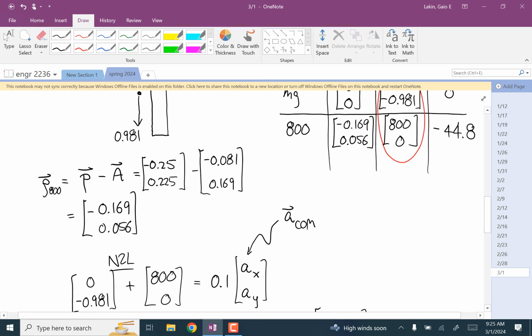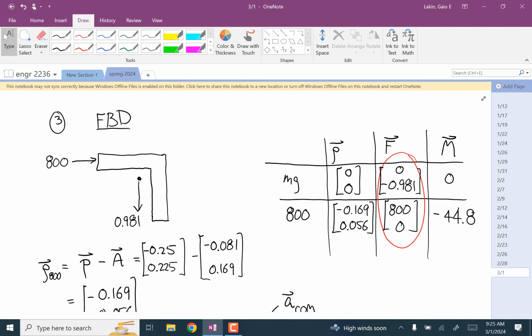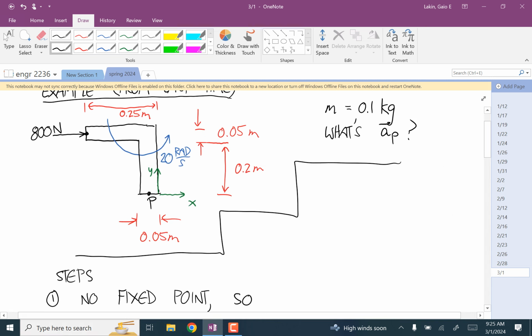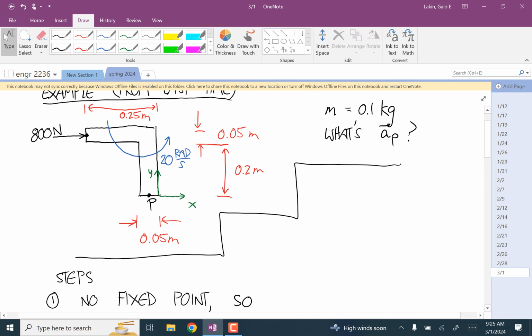So the vector that we want, I'm going to draw it and then erase it, goes from the center of the circular motion, which is the center of mass, to the point, like this.